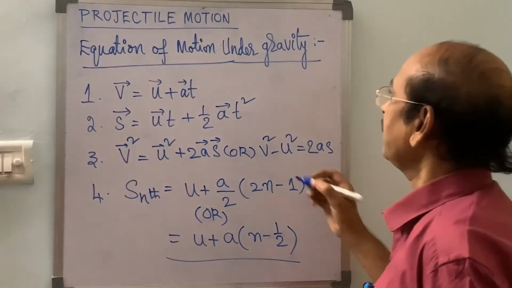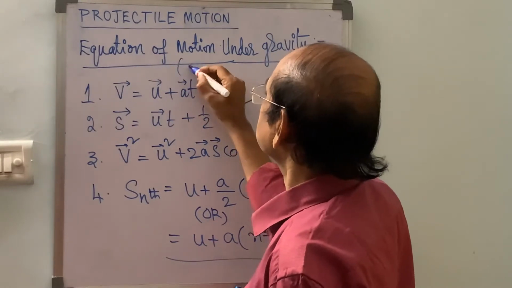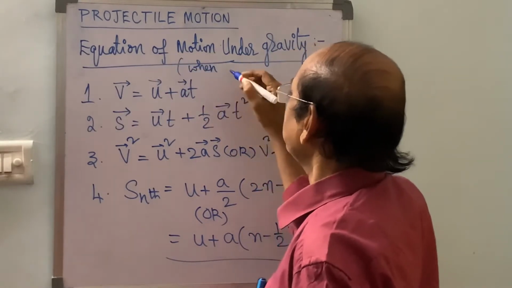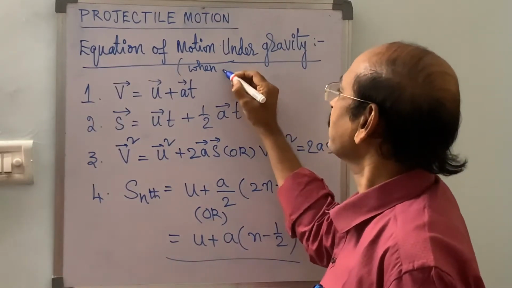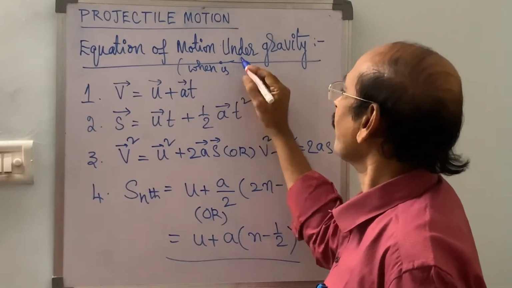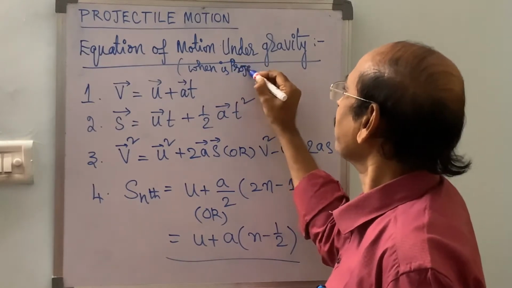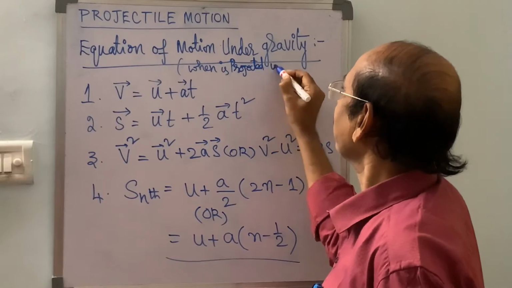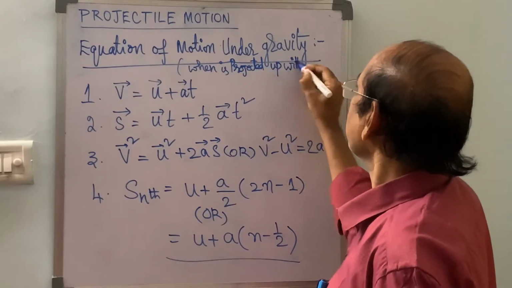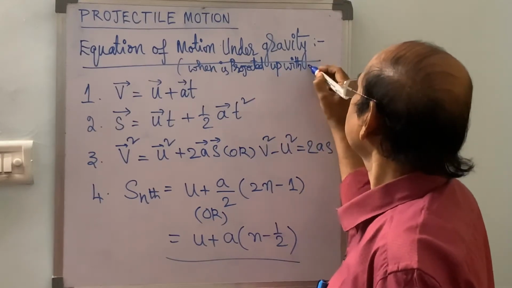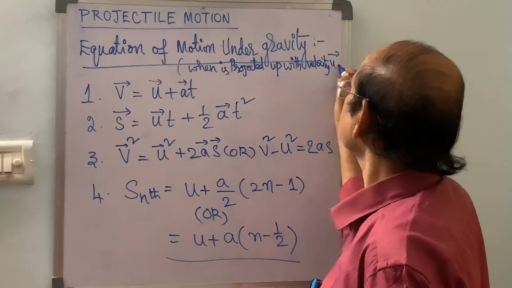So when the body is moving up, it is projected with certain initial velocity u bar.